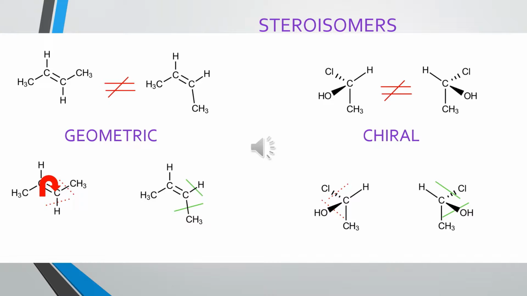cis. And you can see that it meets the definition of stereoisomers because if I used my red dash line, green line method, you can see that we have to break bonds on the left-hand structure, and then we make bonds on the right-hand structure to the same atom, right?